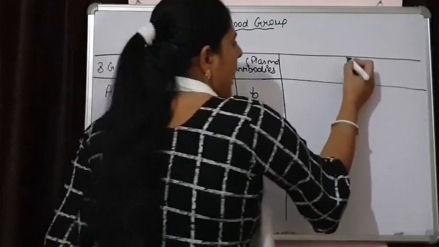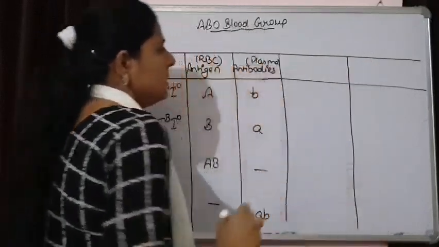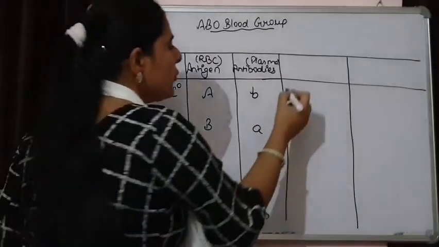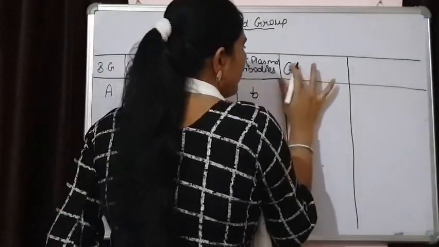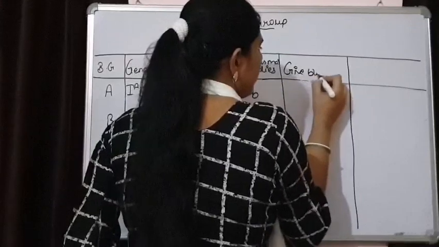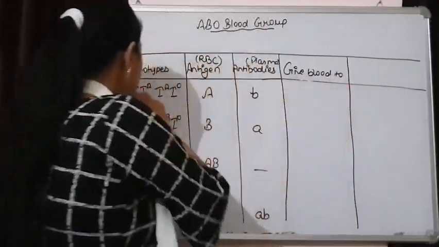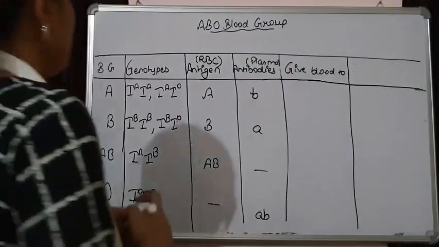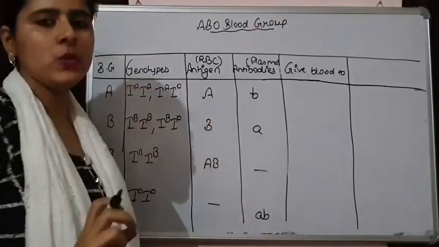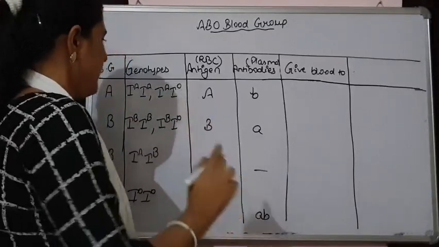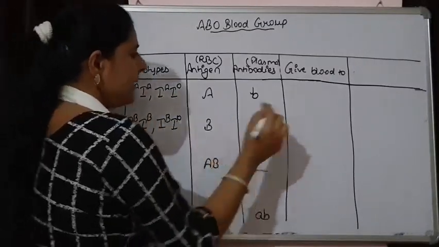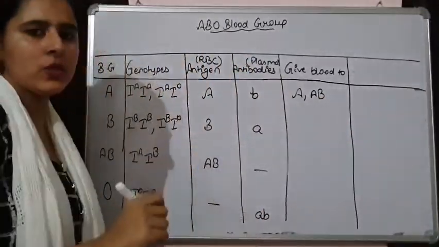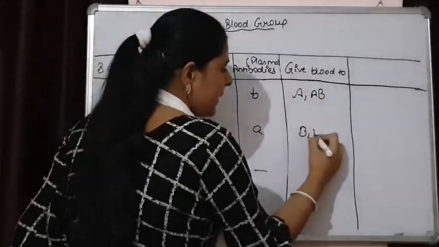Now, how is blood transfusion done? Individuals with A blood group can give blood to both A and AB. B is going to give blood to B and AB.